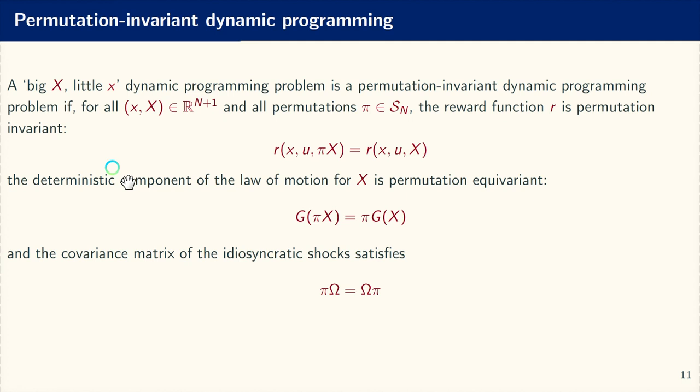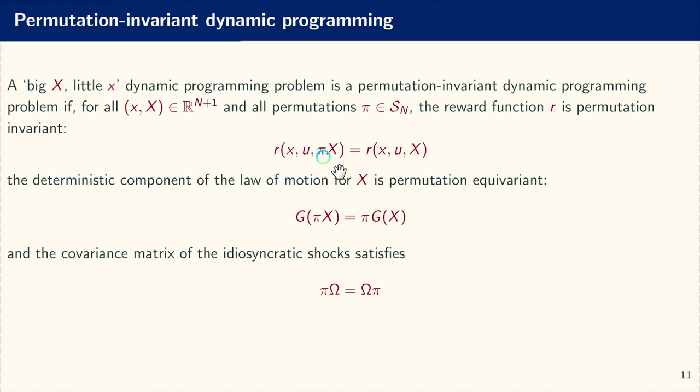So now what I can do is introduce the idea of permutation invariant dynamic programming. A big X, little x dynamic programming problem is a permutation invariant dynamic programming problem if for all state variables and all permutations pi that belong to the symmetric group, the reward function is permutation invariant.